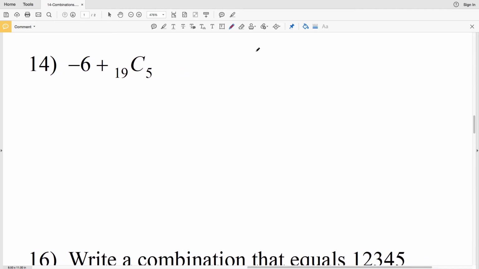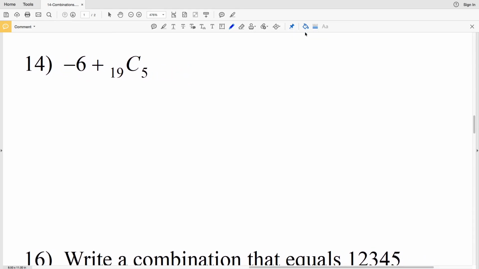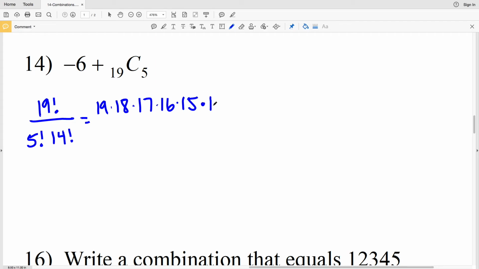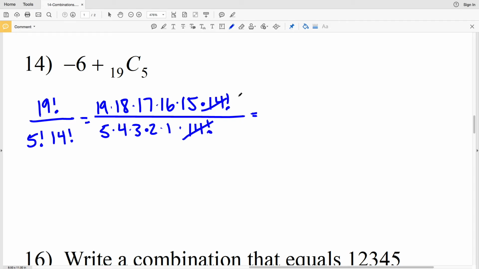And lastly, for this set of directions, number 14. Negative 6 plus 19 choose 5. 19 factorial over 5 factorial times 14 factorial. That's 19 times 18 times 17 times 16 times 15 times 14 factorial all over 5 times 4 times 3 times 2 times 1 times 14 factorial. 19 times 18 times 17 times 16 times 15 equals 1,395,360.